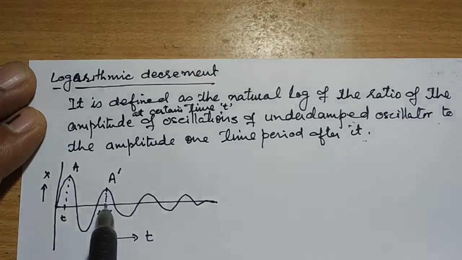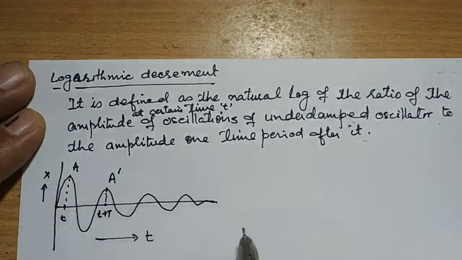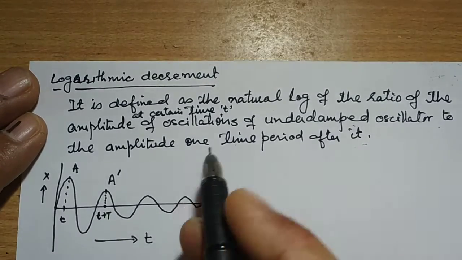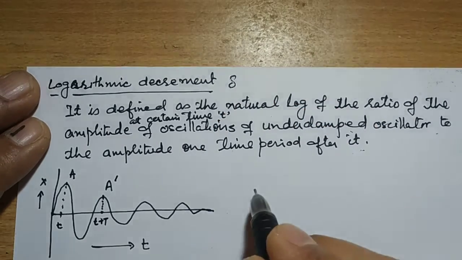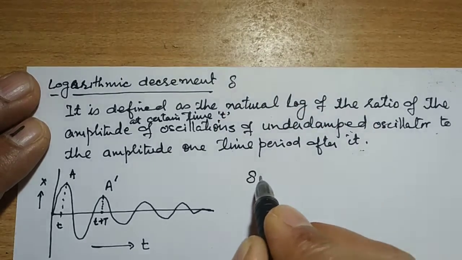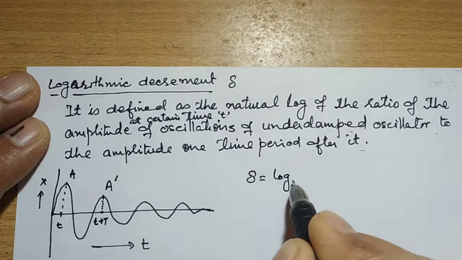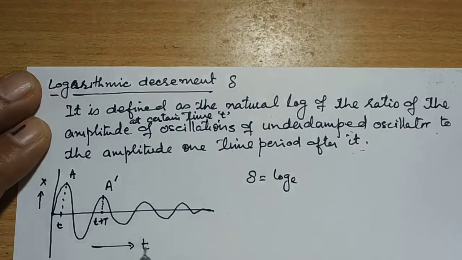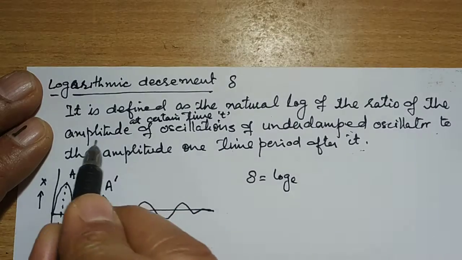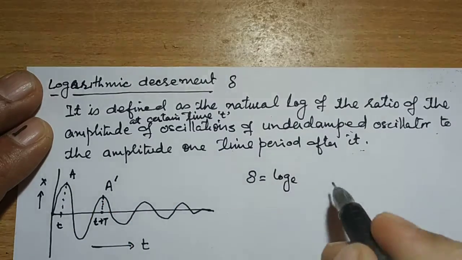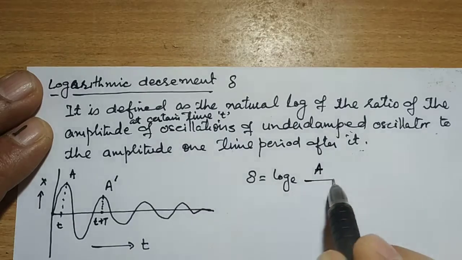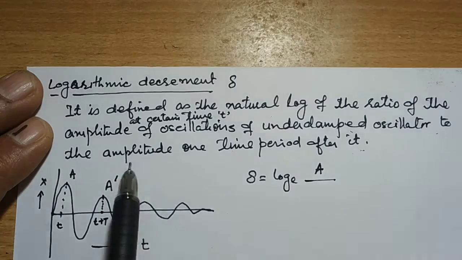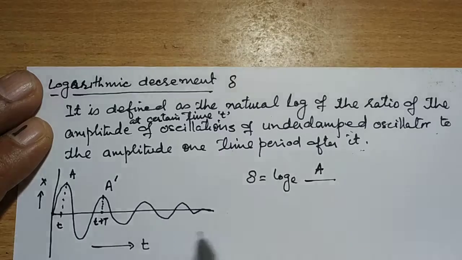Now according to the definition, the logarithmic decrement, which is denoted by delta, is given by delta equal to natural log base e of the amplitude at a certain time, let us say a, divided by the amplitude after one time period, that is a prime.